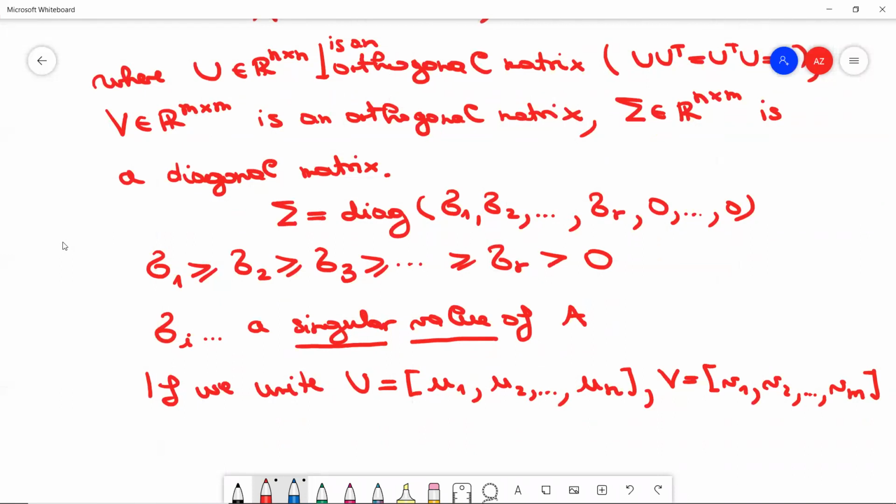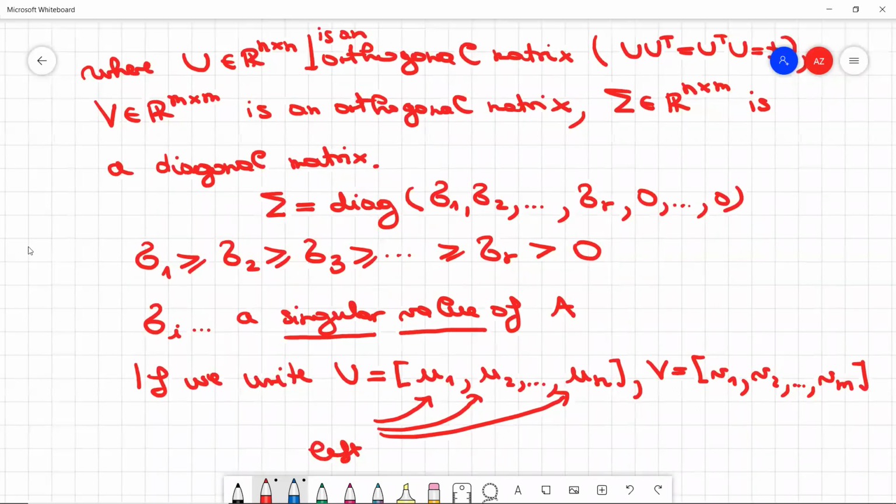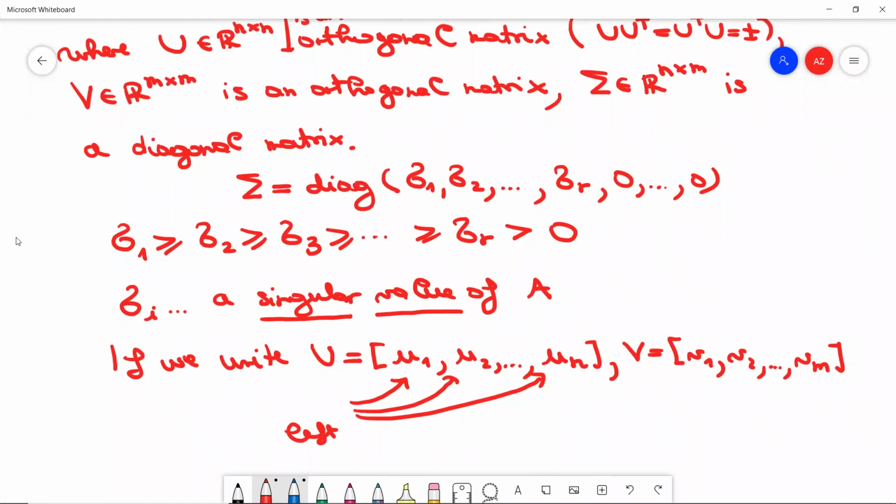Then those U's are called left singular vectors. And those V's are called right singular vectors.